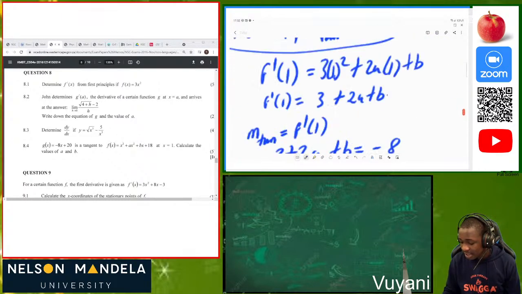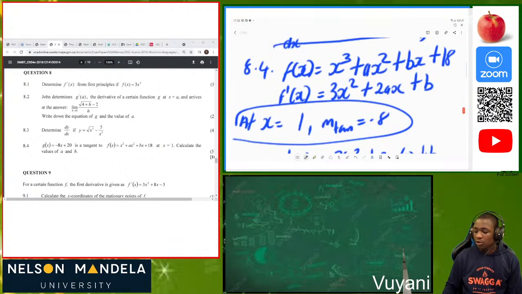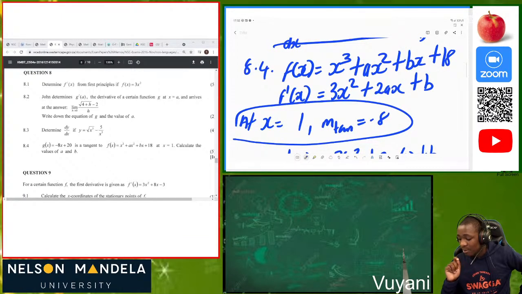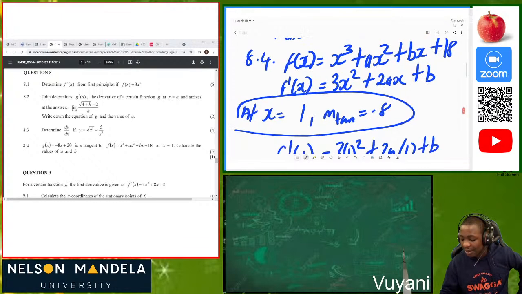Let me repeat it again so that you can understand. Initially we are given that f of x is equal to x cubed plus ax squared plus bx plus 18. They gave us the equation of the tangent. So we started by determining f prime of x, because the first derivative at that specific x coordinate is equivalent to the gradient of the tangent.